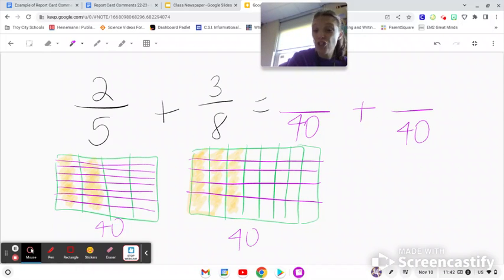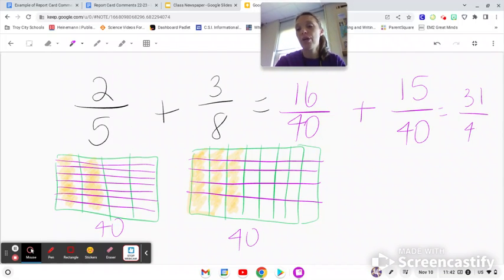And now what was once 2/5 is actually 2, 4, 6, 8, 10, 12, 14, 16 40ths. 3/8 has now become 3, 6, 9, 12, 15 40ths. When I add, I'm just going to add across my numerators to find the total, which is 31 40ths. That's one way that you can rename and get equivalent fractions, by drawing a picture.